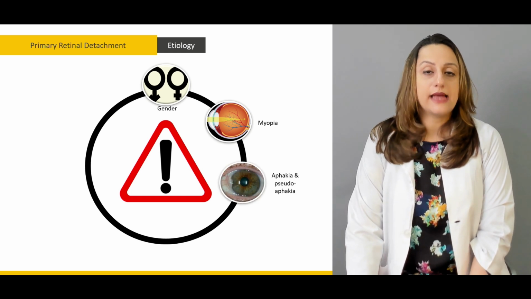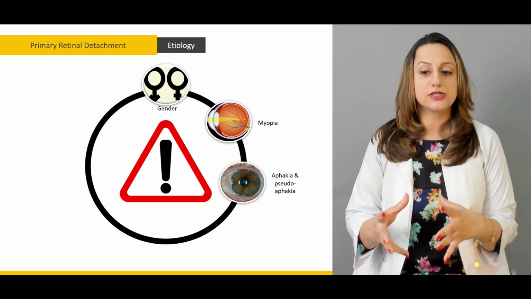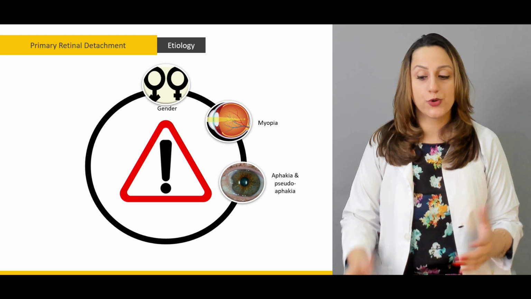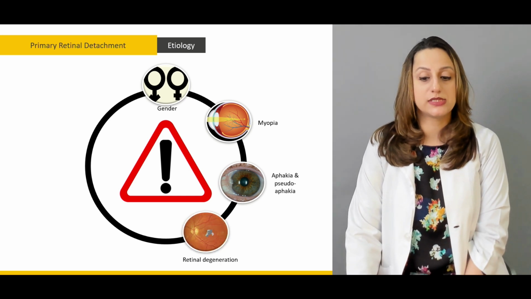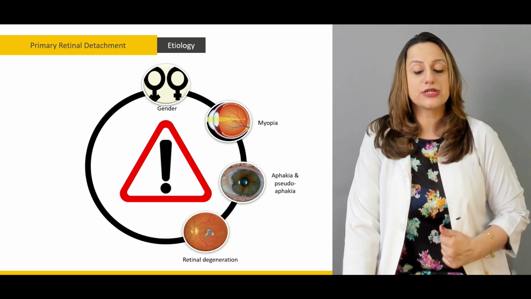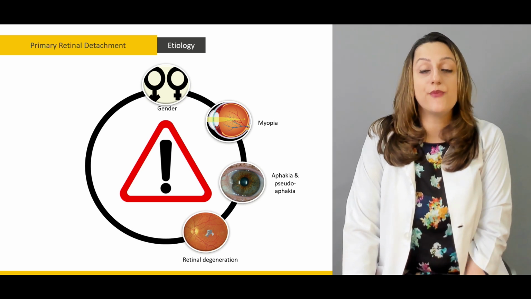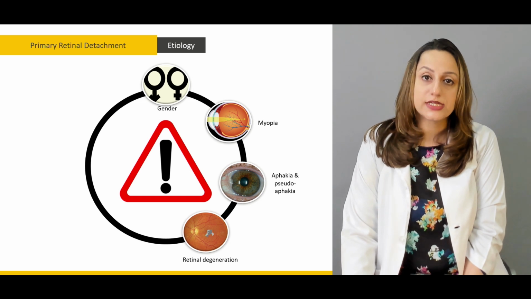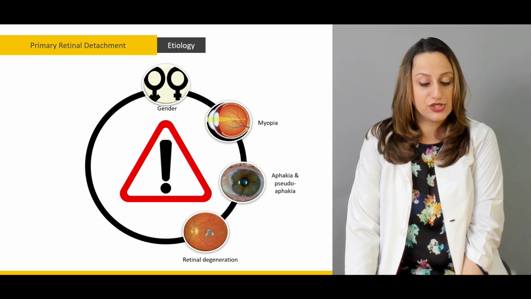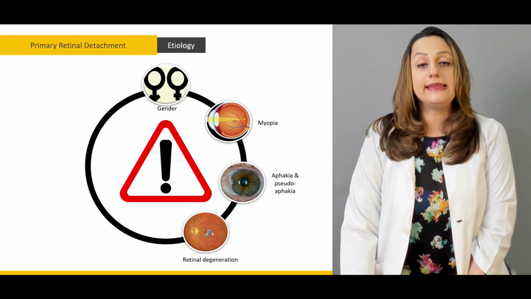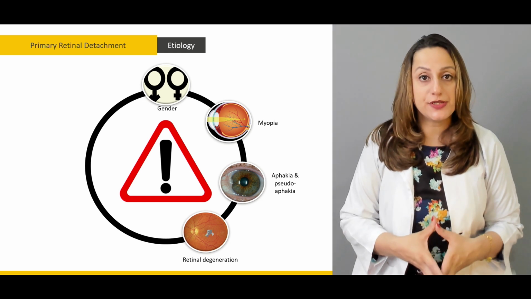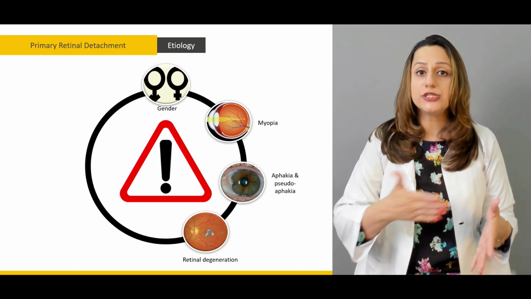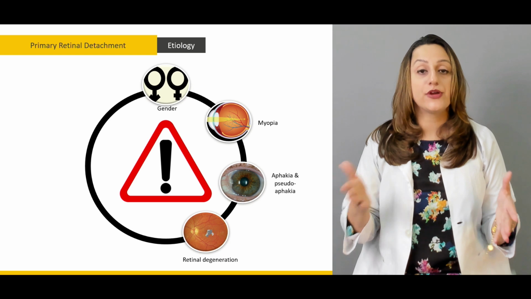Then aphakia and pseudophakia. These patients who are aphakic or pseudophakic are more prone to the development of primary retinal detachment. Then patients who are suffering from retinal degenerations. The most notorious degenerations over here are the lattice degenerations and the snail track degenerations. Then we have white with pressure and white without pressure conditions. We already talked about these pressure states.